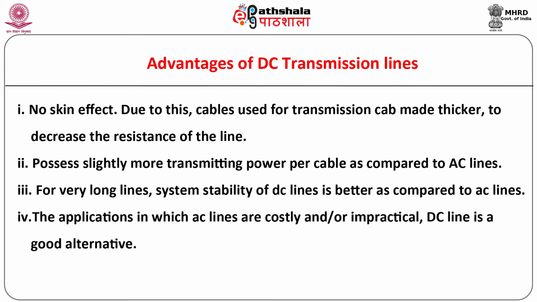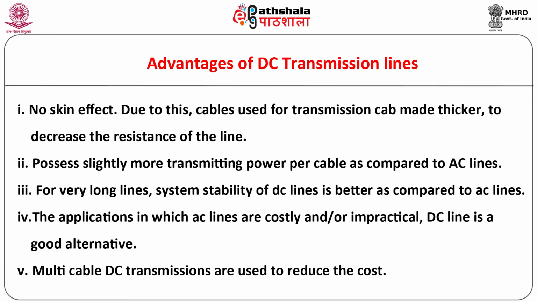In applications where AC lines are costly and impractical, DC line is a good alternative. Underground or underwater transmission over a distance of 50 km or more is one such example. Multi-cable DC transmissions are used to reduce the cost.